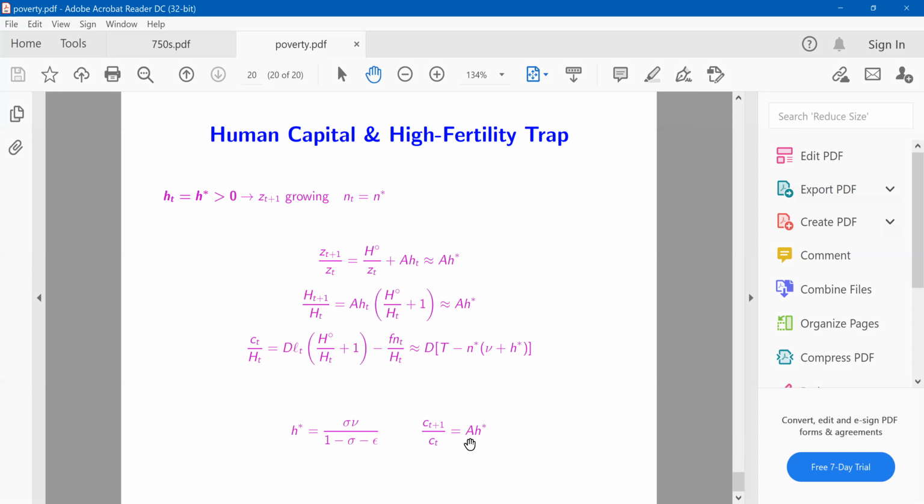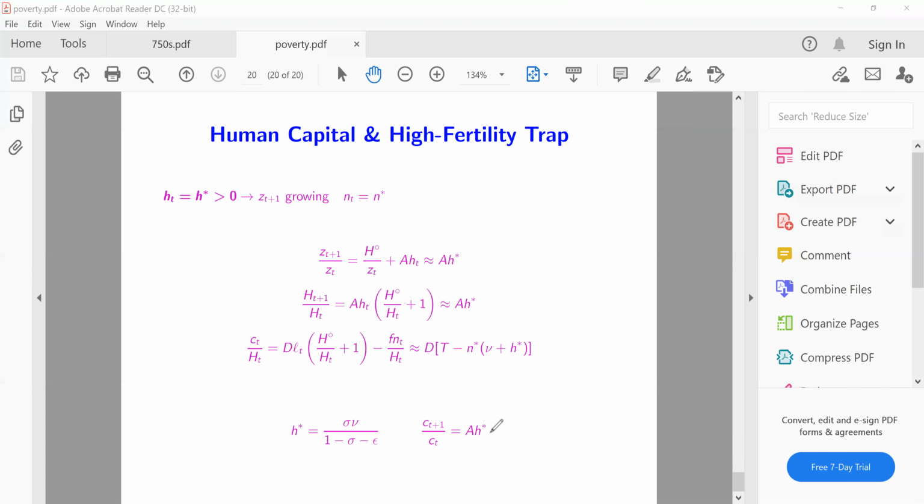So you have the optimal education investment, which is sigma nu divided by 1 minus sigma minus epsilon. And you also have a parameter that gives you the endogenous growth rate of the economy in terms of consumption.